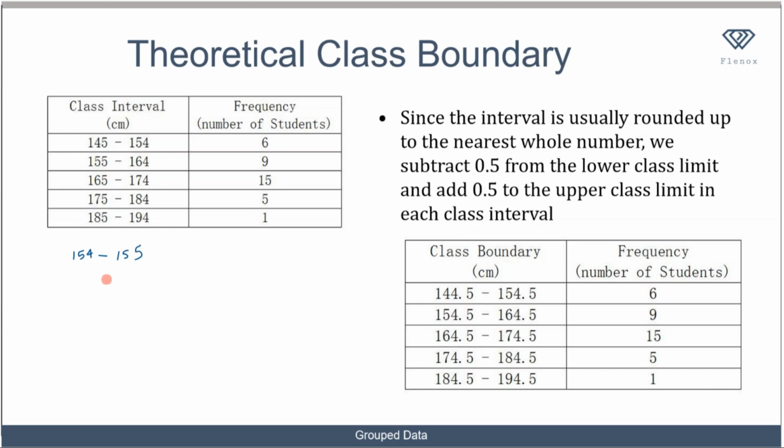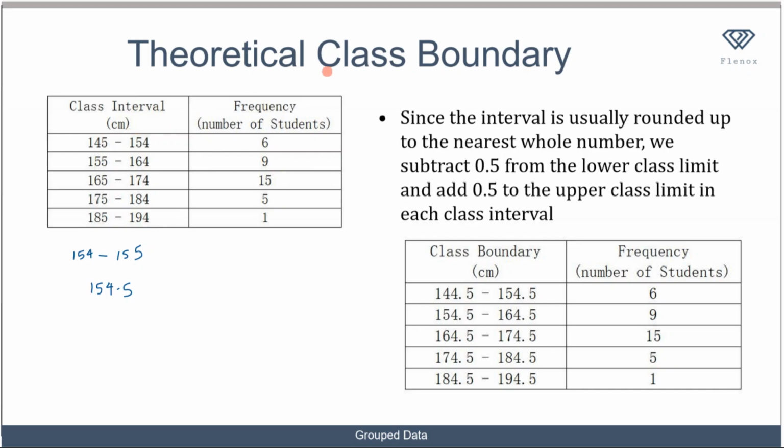For instance, if I have a data that says 154.5, where in particular do I categorize it? Do I categorize it in this first place or in this second place? There is no clear-cut place in which I can classify it because it exceeds this range and it is below this range. So that is where the idea of the theoretical class boundary comes in.